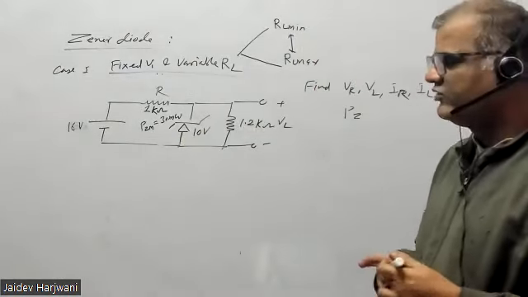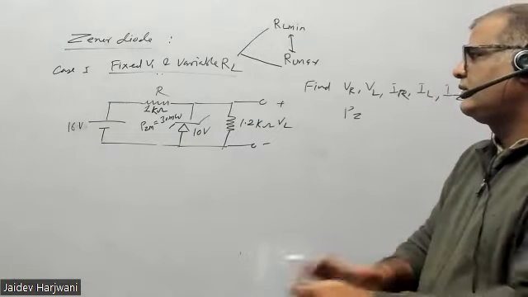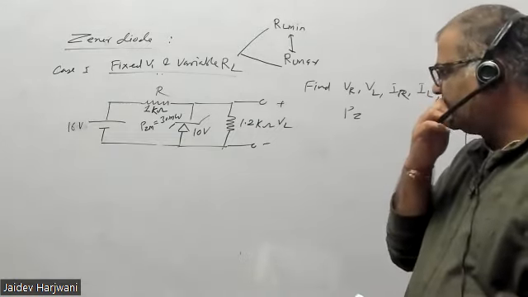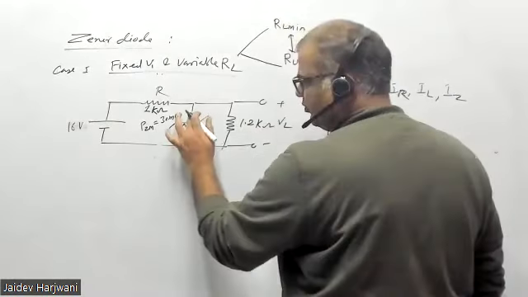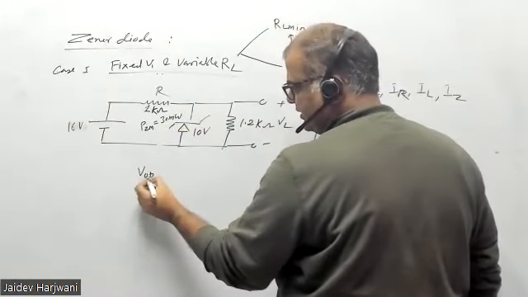The first thing is you have to find V open. Assume the Zener is off, so you have to find V open first. You make it open.